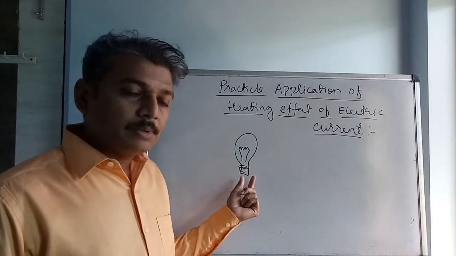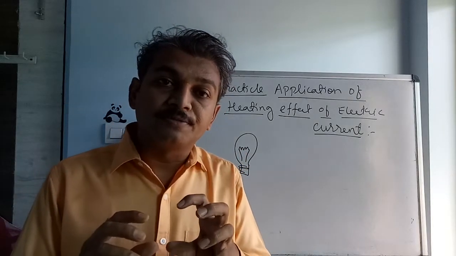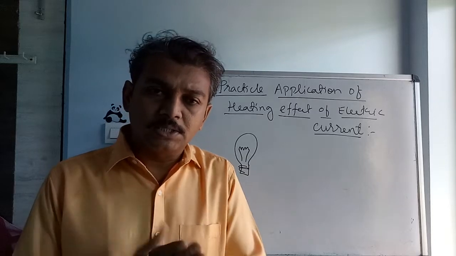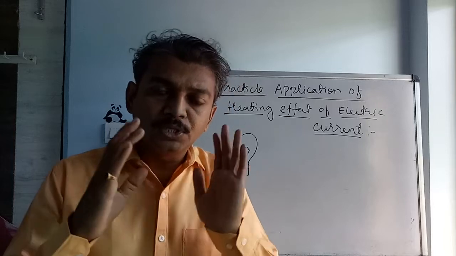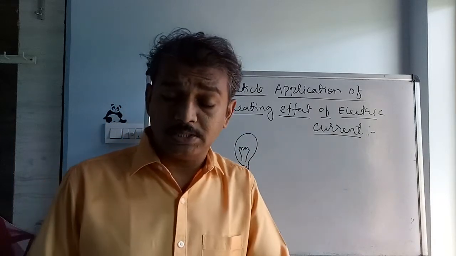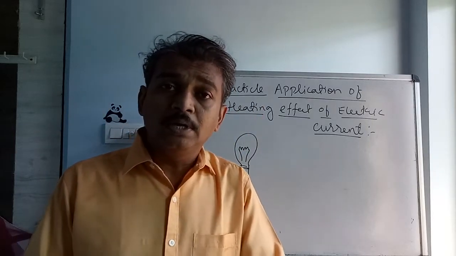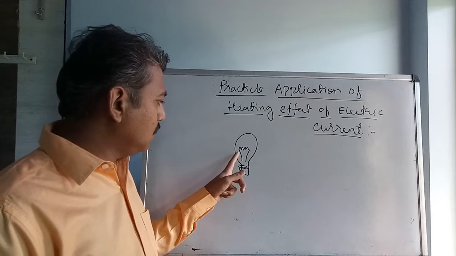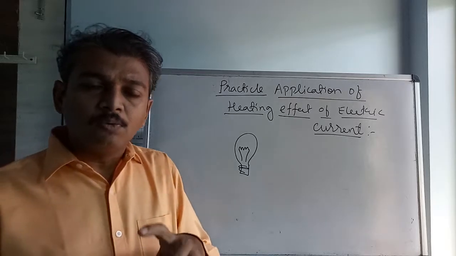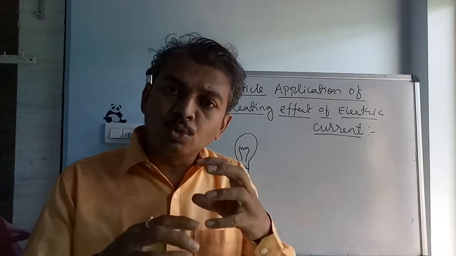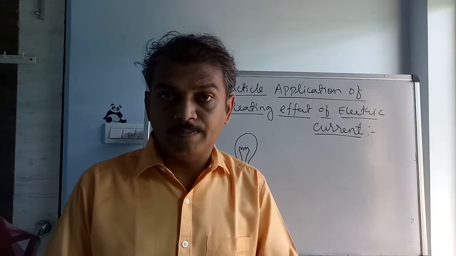But this electric bulb had a filament, and this filament was made up of tungsten, and this tungsten metal has a melting point of approximately 3380 degrees Celsius. Such a huge melting point it had. That's why when the circuit is completed and the current flows through so much resistance, a tremendous amount of heat was generated.